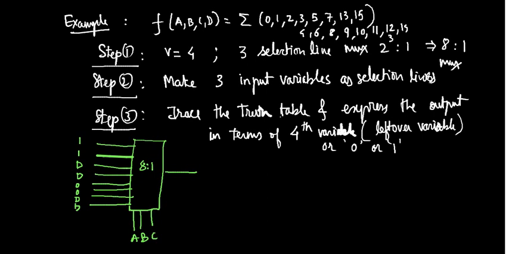What I'm saying is, I'm giving you a generalized procedure to implement any variable or Boolean expression using a multiplexer. You can realize it using a 2:1 multiplexer, yes you can.